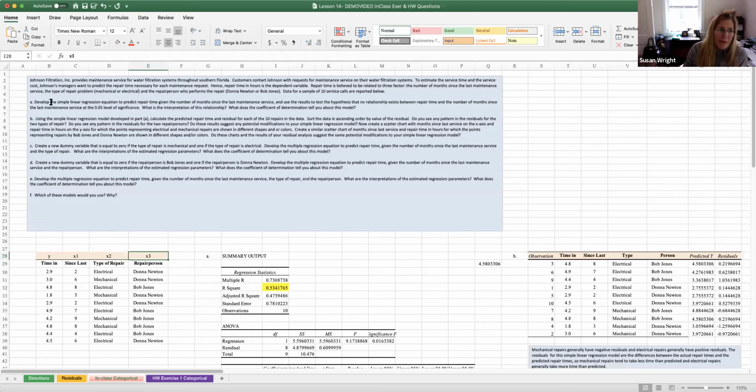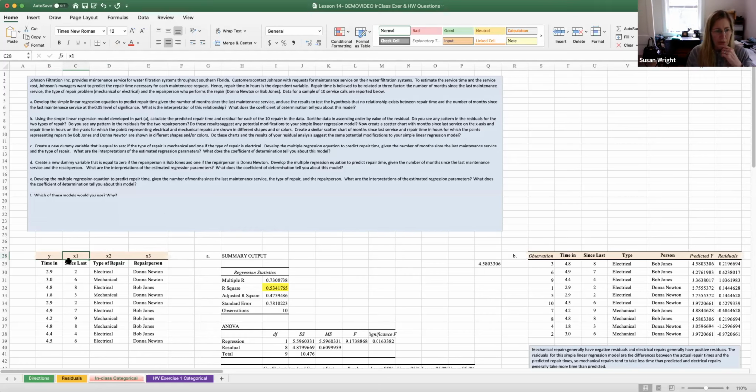So first we have to develop a linear regression equation to predict repair time. So that's Y, repair time, given the number of months since the last maintenance service. So we're only going to use X1 in the first regression. We're going to take this in baby steps and just keep adding more X's until we have all of these loaded in the regression.